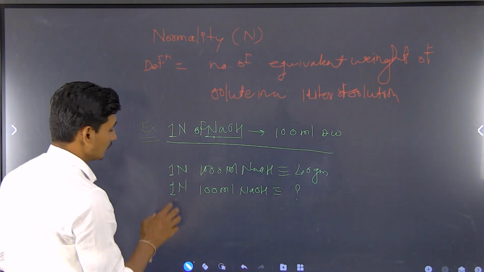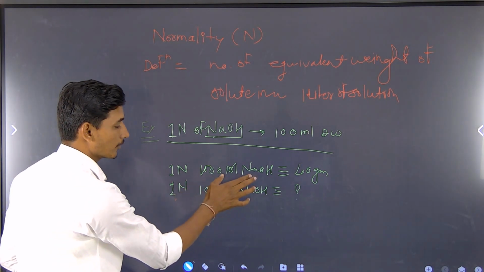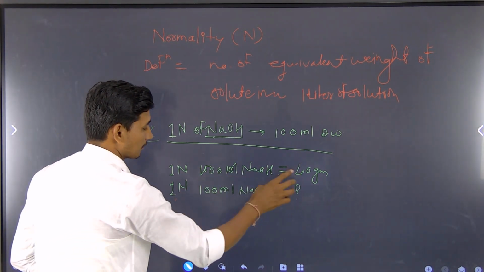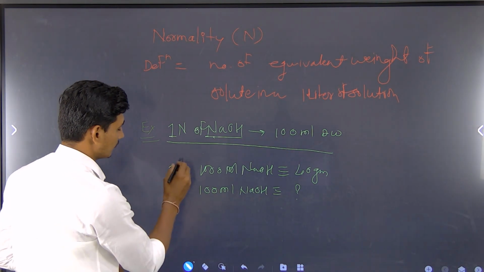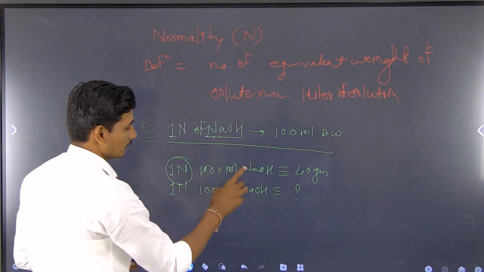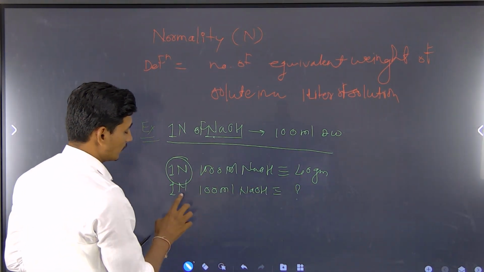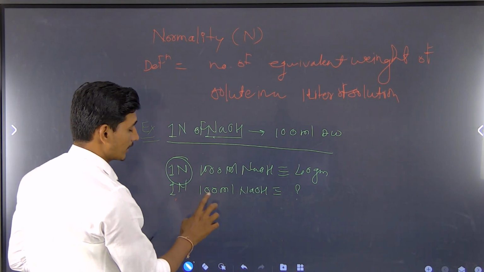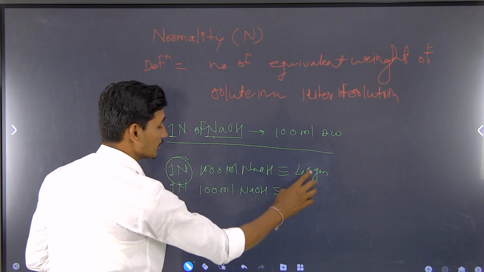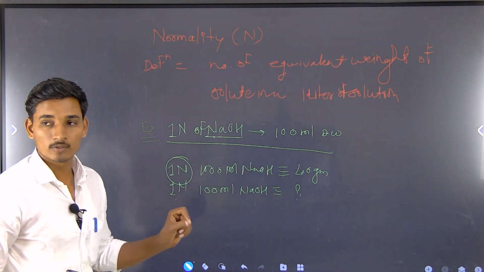That means one normal 1000 ml NaOH takes 40 gram, but for one normal 100 ml, how many gram of NaOH are required to dilute the solution?